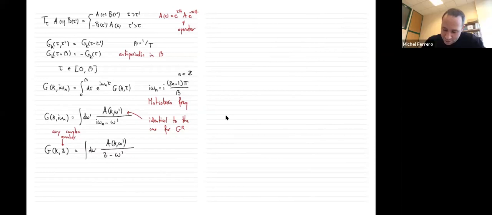No, actually, in this case we get lucky, because the reason why we put the I eta here before was to avoid that the denominator diverges when the two frequencies are equal. But this is a real number, and those Matsubara frequencies, as you can see, are never zero. The Matsubara frequencies avoid the real axis all the time.